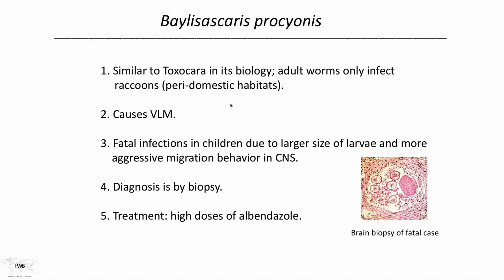And you can see here a cross-section of brain tissue, and you can see the larvae of these large nematode larvae in the tissue. And they're quite damaging in terms of their migratory behavior. The diagnosis for this infection is made by biopsy, which is, of course, clumsy and chancy.